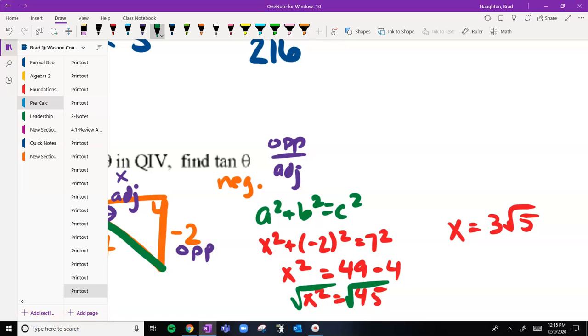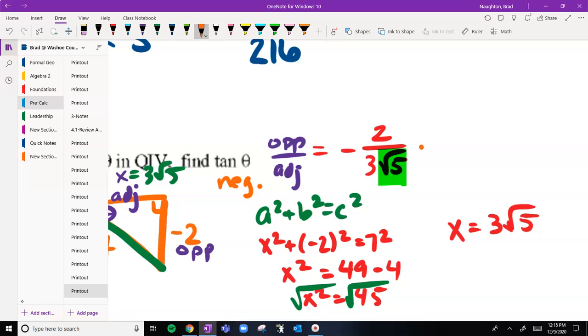So now that I know that this is going to be 3 root 5, let's write this as a negative, because I know it has to be negative because it's in that quadrant. And then the opposite is 2 over 3 root 5. So once again, we can't have a radical in the denominator, but the issue is not the 3 root 5. It is just the good old root 5 there.